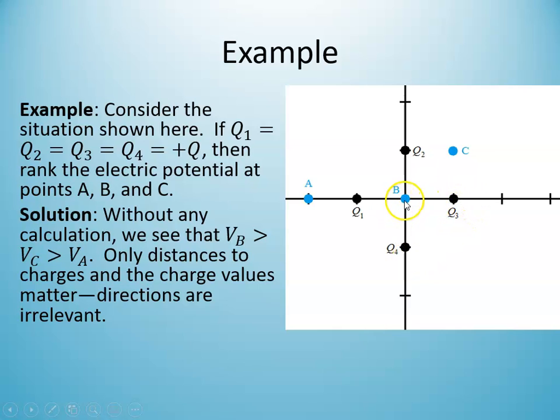So the potential at B is greater than the potential at C, which is greater than the potential at A. This all worked out because these are all the same charges, so we didn't need to worry about any weightings due to different magnitudes of charge.